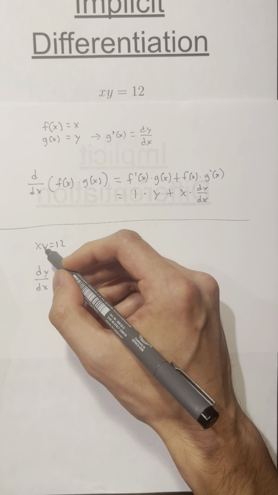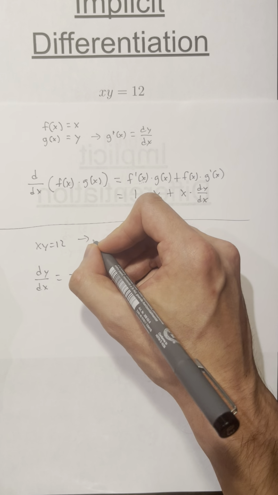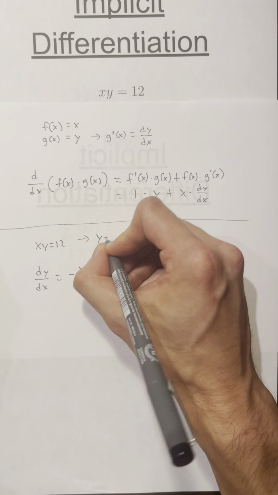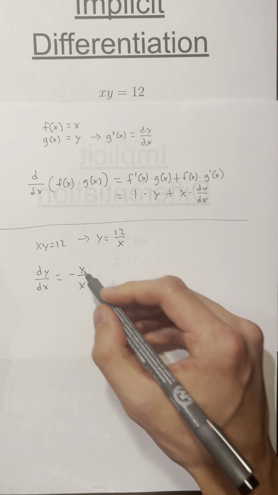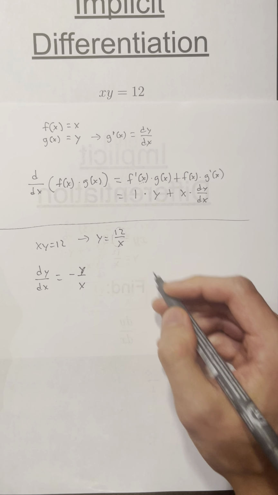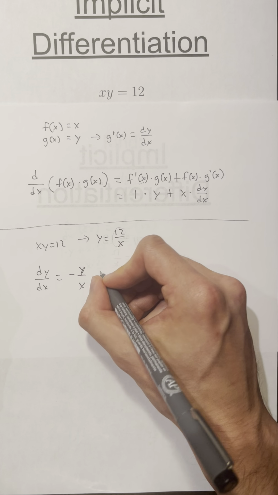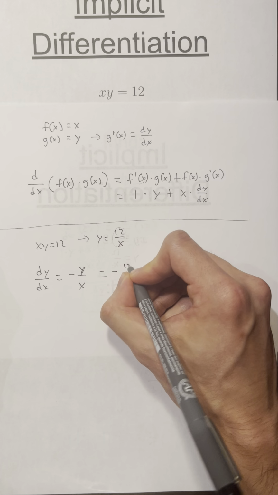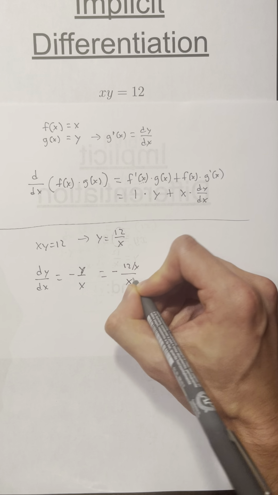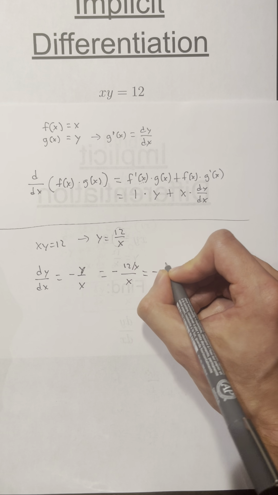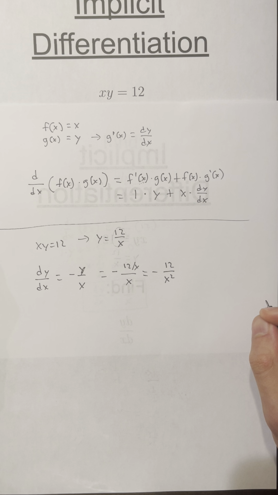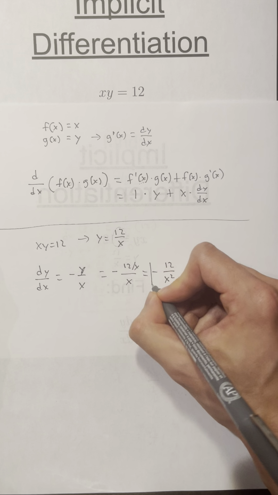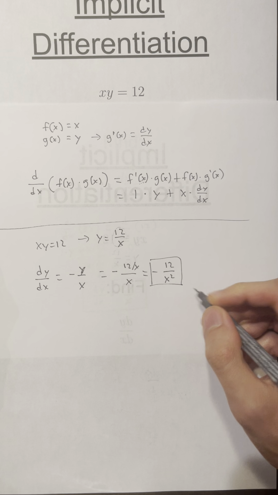Okay, but if I get y by itself, y is equal to 12 over x. And I change y to this. Then I can say that this is negative 12 over x divided by x, which is equal to negative 12 over x squared. So this is acceptable too.